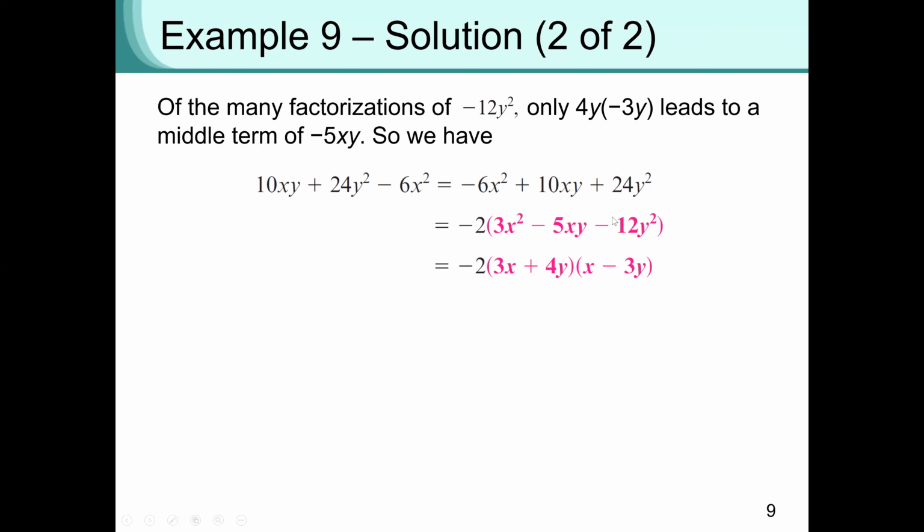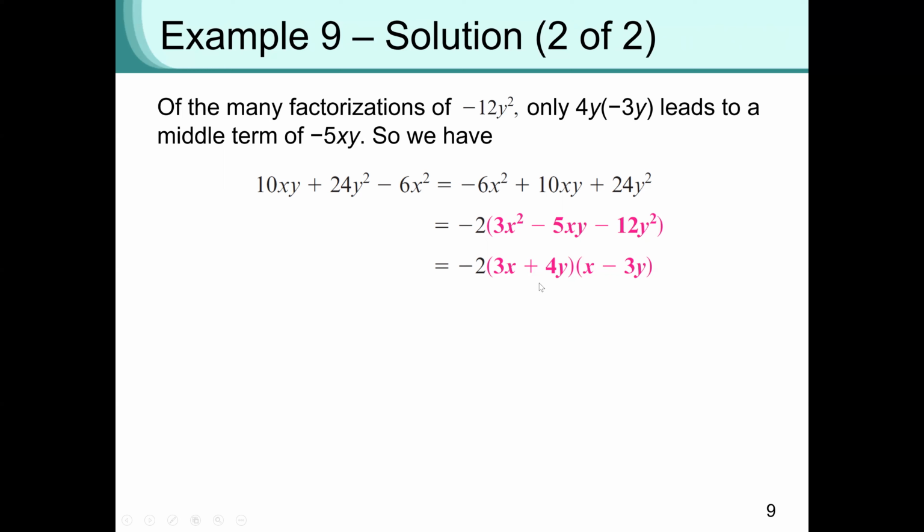Remember, sorry, I'm not using the 24y squared. We factorized negative 2 out. So we have negative 12y squared. So we can see that plus 4y minus 3y, which is the product, will give me 12y squared. And then again, this is trial and error. So finally our answer will be 3x plus 4y, then x minus 3y.